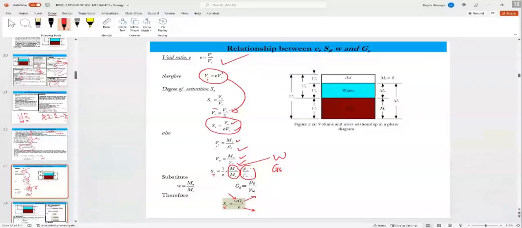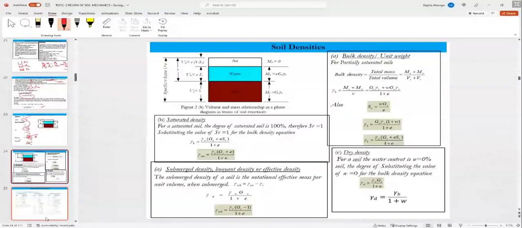Okay. Let me punch in a couple of things. There are volume indices that we need to define. The bulk unit weight is total mass over total volume. So that brings us to rearrange things from the first diagram.